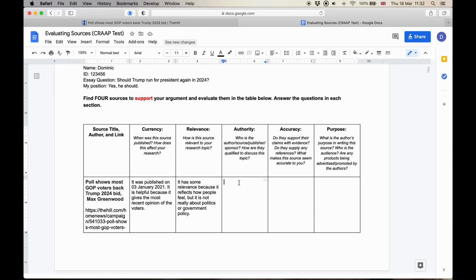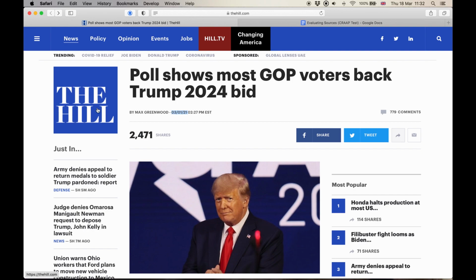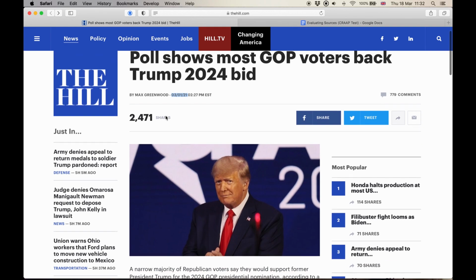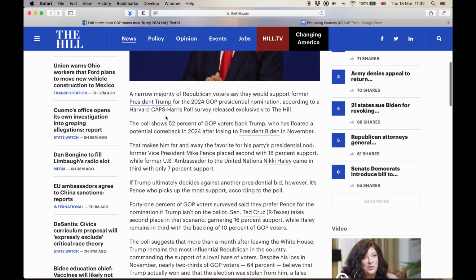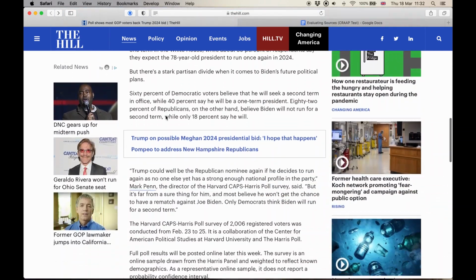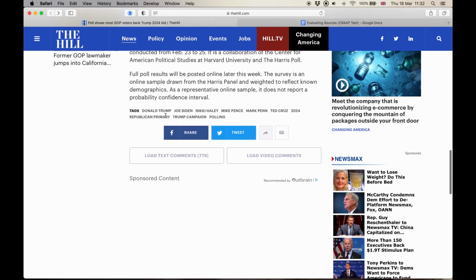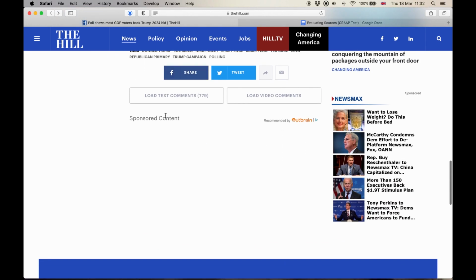Third column is authority. Is this person an expert? Are they qualified enough to talk about this subject? Well, this is a newspaper, and I'm guessing Max Greenwood is just a journalist. He works at the newspaper. Maybe at the bottom it might have some information about him. No, it does not.